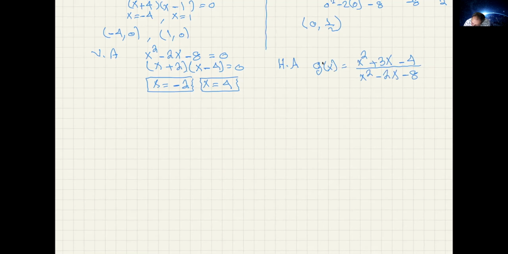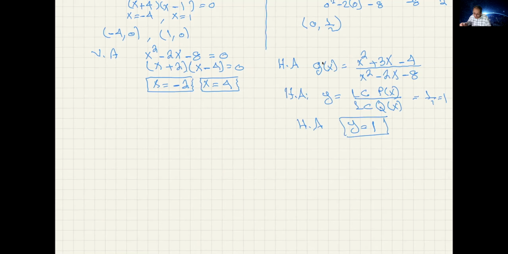So notice here that the degree is the same, so I use the leading coefficients, 1 and 1. So the horizontal asymptote is y equals the leading coefficient of p of x divided by the leading coefficient of q of x, which is 1/1 equals 1. Therefore, the horizontal asymptote is y equals 1. Okay, so 2 vertical asymptotes and 1 horizontal asymptote.